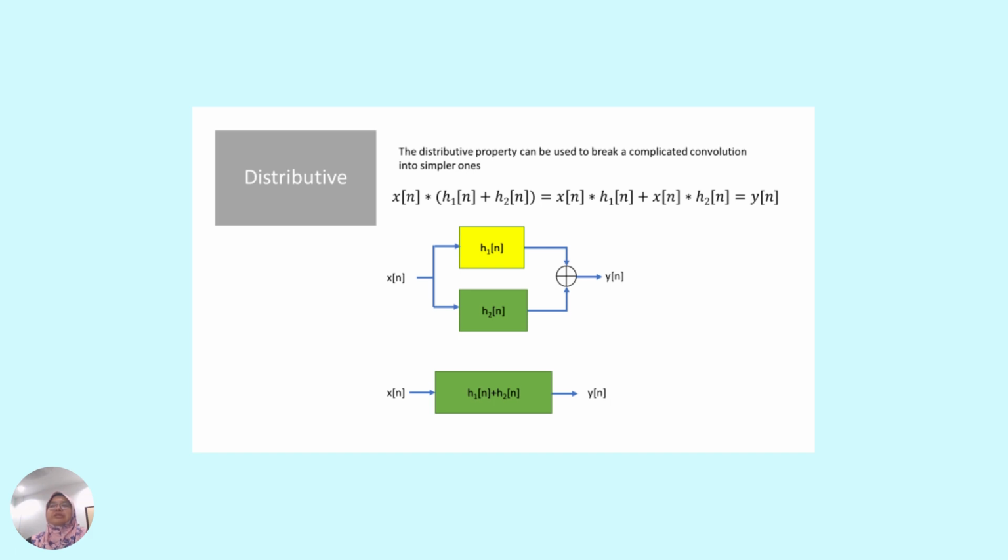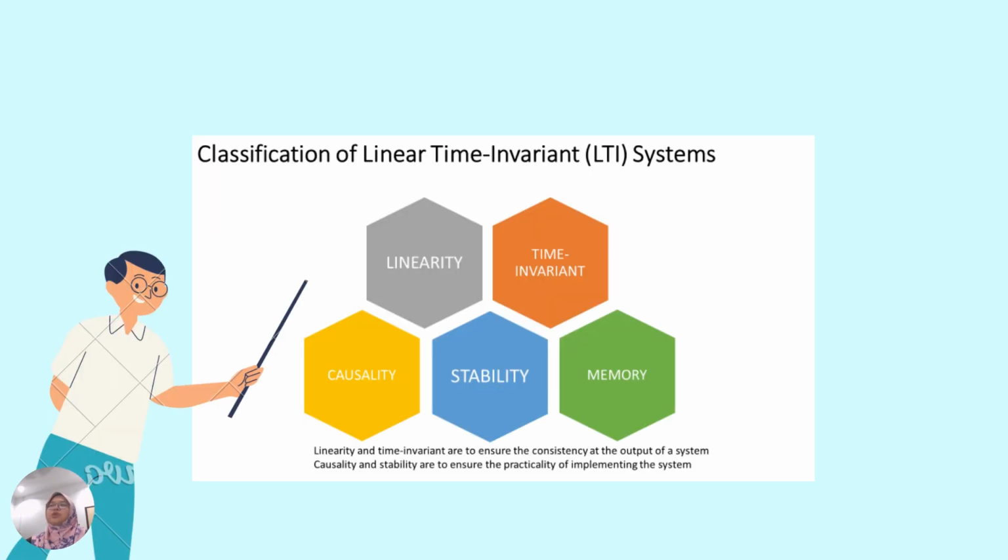So distributive means that if you multiply each system, xn times h1n, and then xn times h2n, and then you sum it together, it is the same as when you have it in one system. So that is distributive.